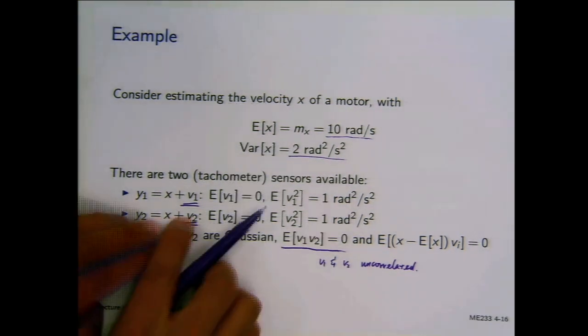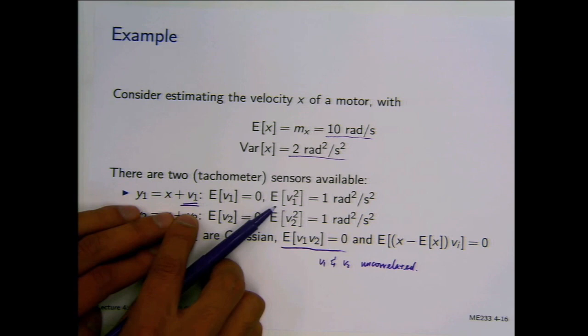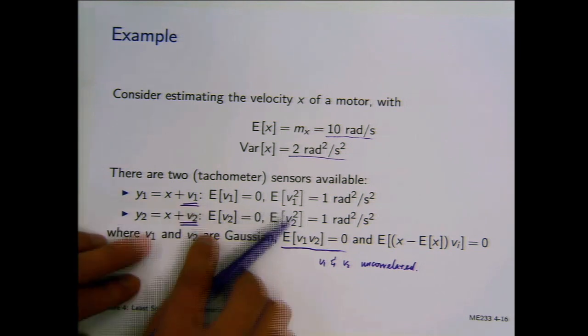Look at the first one here. Are x and y1 related or not? The answer should be pretty obvious. They should be related because I'm measuring x using y. If they are not related, then I'm not doing estimation at all. What about y1 and y2?